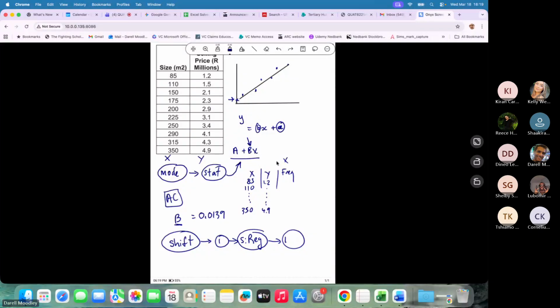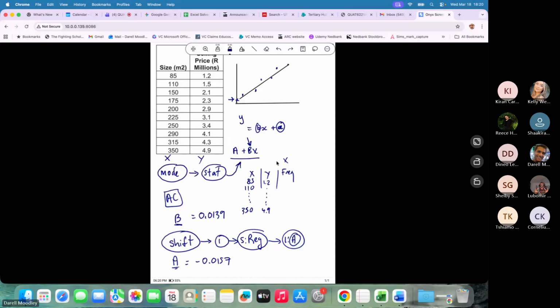Follow the same steps. Everyone should get a value of A being minus 0.0157. You can round to 2 decimals, it's fine. I'm just giving more decimals to be more accurate, but 2 decimals is the minimum.